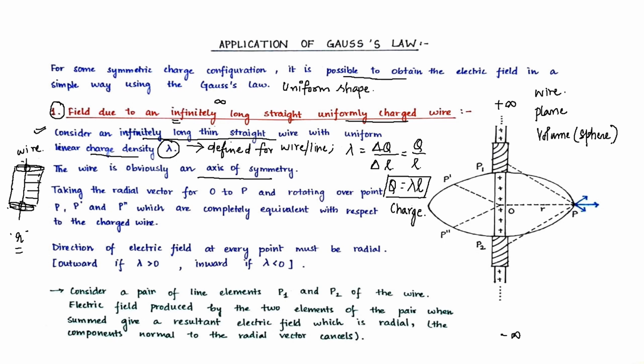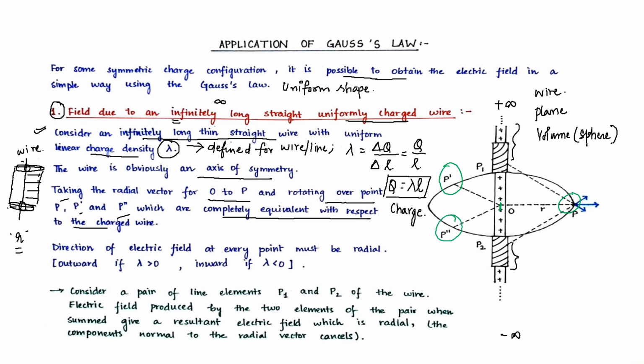Now take the radial vector from O to P and rotate it over point P, P dash, P double dash, which are completely equivalent with respect to the charged wire. This is our charged wire, and on it we have taken points P dash, P, and P double dash.